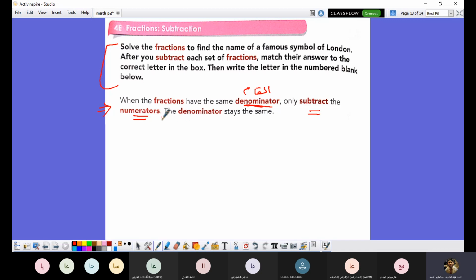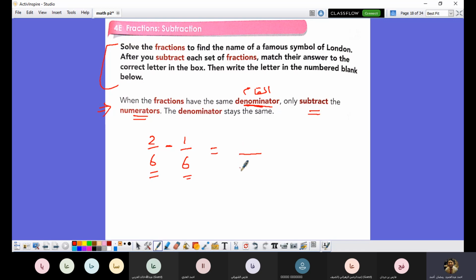The denominator stays the same. So when I say 2/6 minus 1/6, here we have the same denominator.